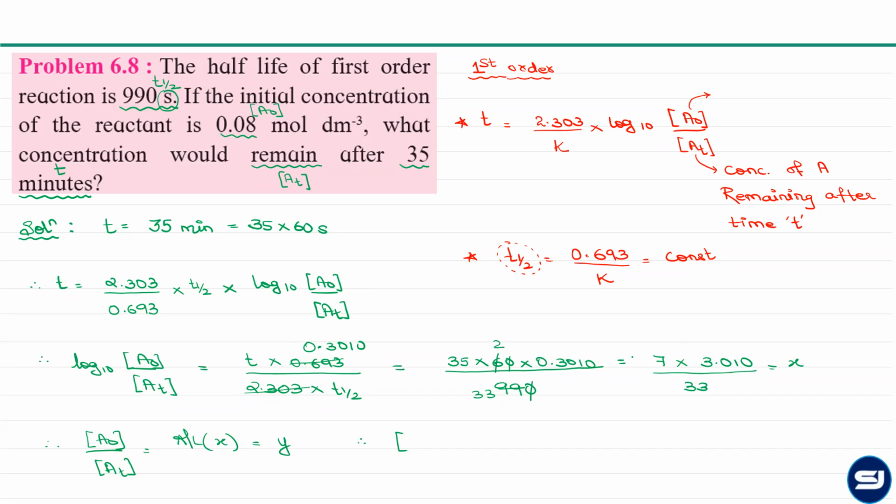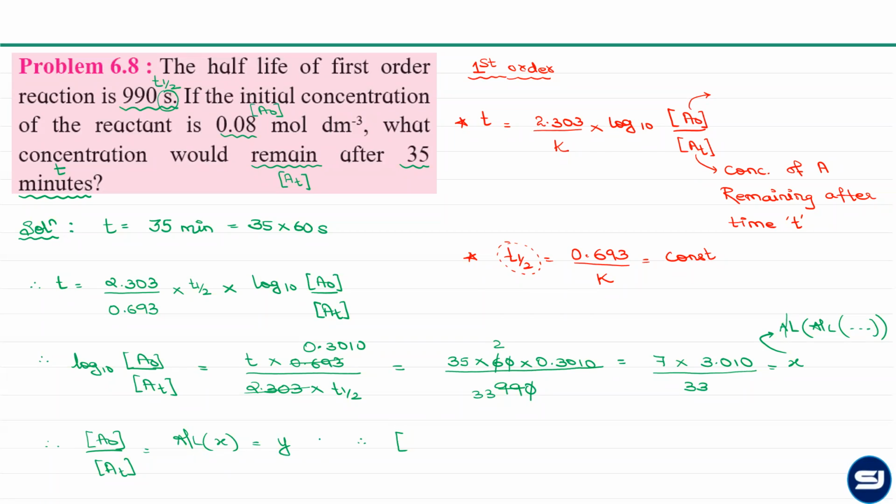So it will be anti-log of log of this. एंटीलॉग लोगे ना, समझा? तो this x is actually antilog of the value which is to be calculated. समझा?